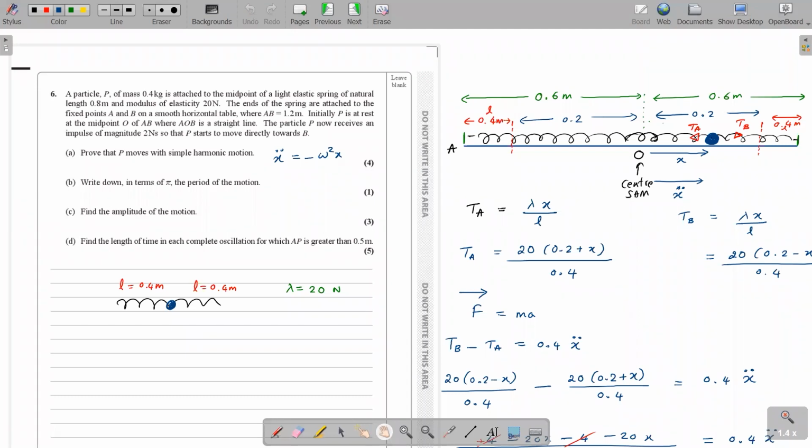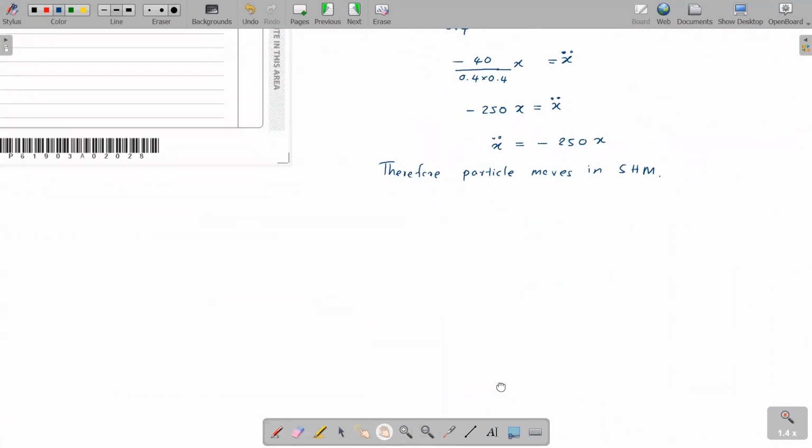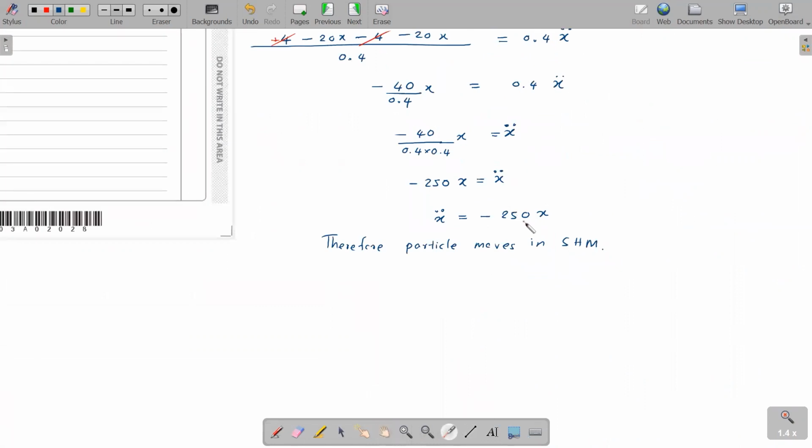So part B, they tell you to write down in terms of pi the period of the motion. How do you get the period of the motion? Periodic time equals 2 pi over omega, an equation you have to remember. We just found the omega value: x double dot equals minus omega square x, and the omega square value is 250.